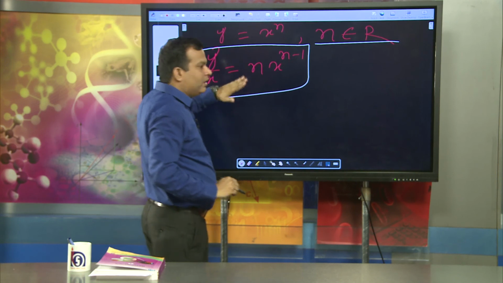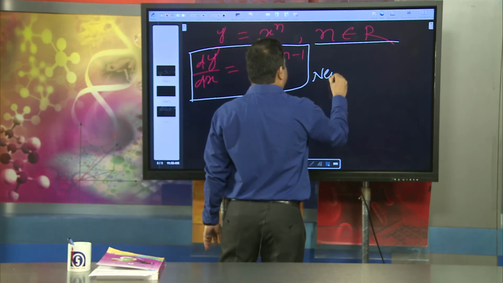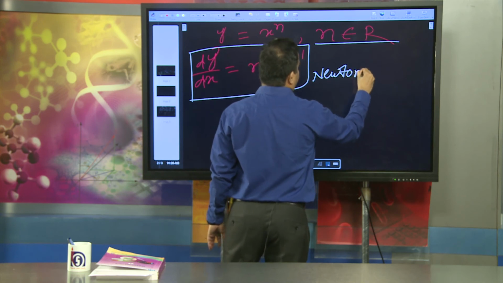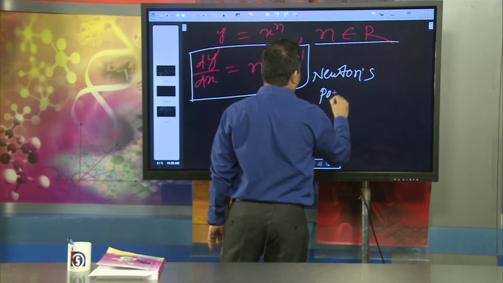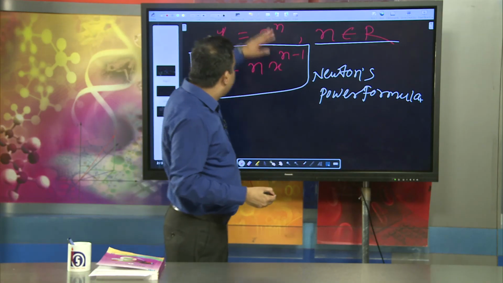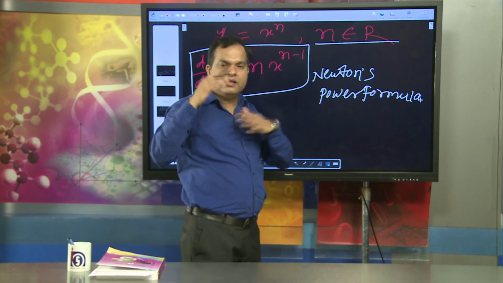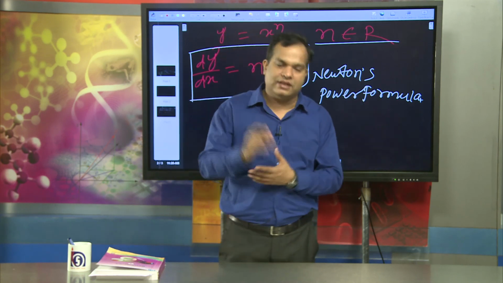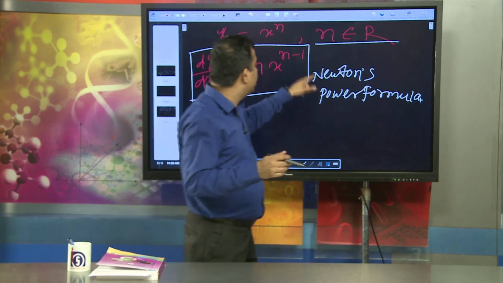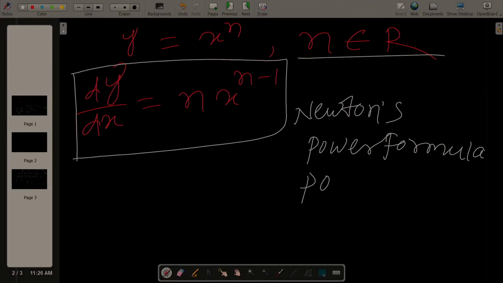This formula is known as Newton's power formula. It is a very important formula, and Isaac Newton, the greatest scientist we know, used this formula to find various results in both mathematics and science. We call it Newton's power formula, or the power rule.